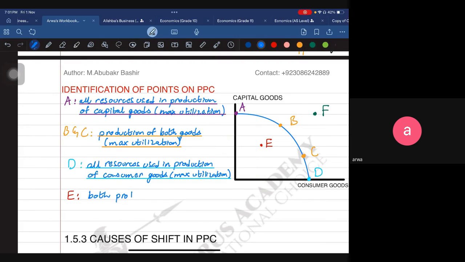So the word that we are going to add here is that there is underutilization, or the way you said it, inefficient utilization of the resources.